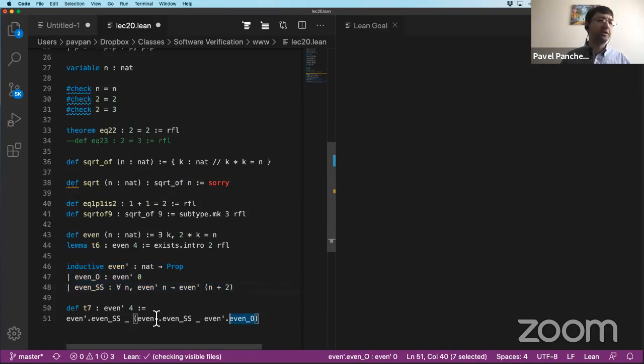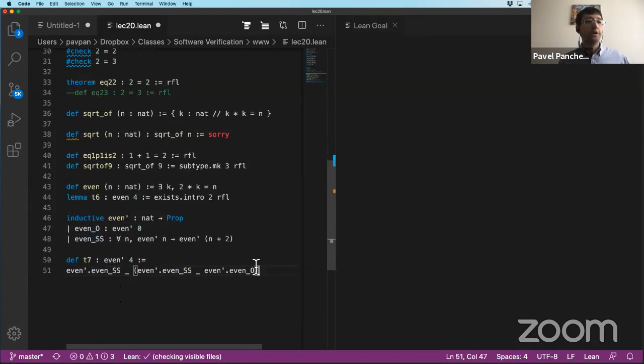Now, this actually looks a lot hairier and uglier than this, but what's convenient about it is it provides us with a simple description of how any proof of even prime ought to be shaped. Namely, a proof of even prime is either even 0, a proof that 0 is even, or even SS, a proof that n plus 2 is even, given a proof that n is even.